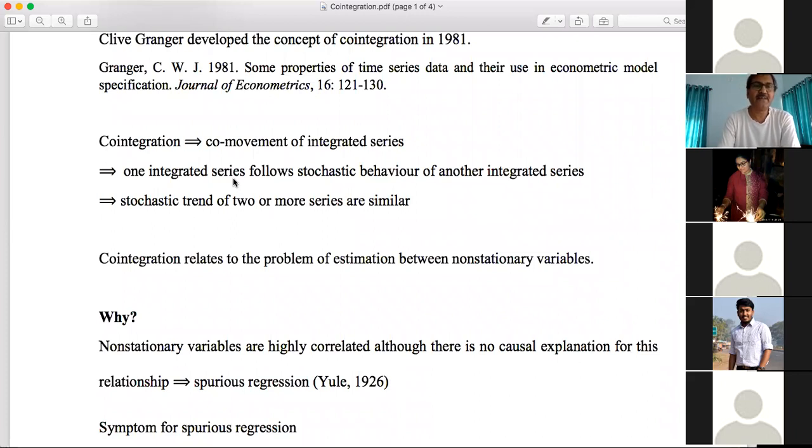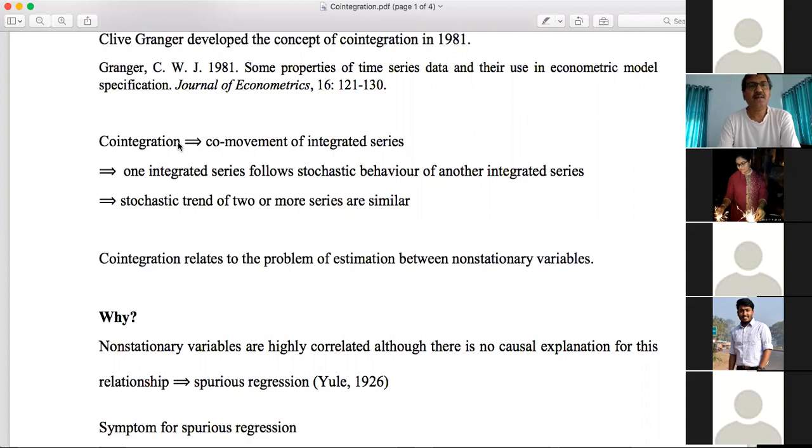You know the meaning of an integrated series: a series containing a unit root. So if different series with unit roots have co-movement, that is, a similar kind of movement over time, then we can say the variables are co-integrated.